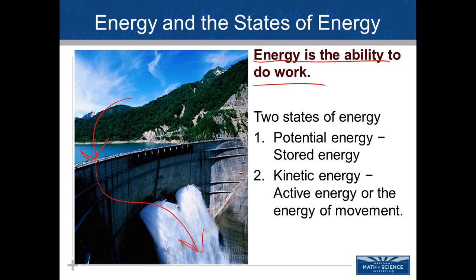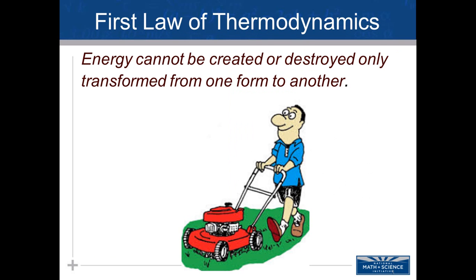Now, we want to examine the laws of thermodynamics. And the first law of thermodynamics is that energy cannot be created or destroyed, only converted from one form of energy to another form. So look at this little cartoon and see if you can detect any energy transformations that are occurring.